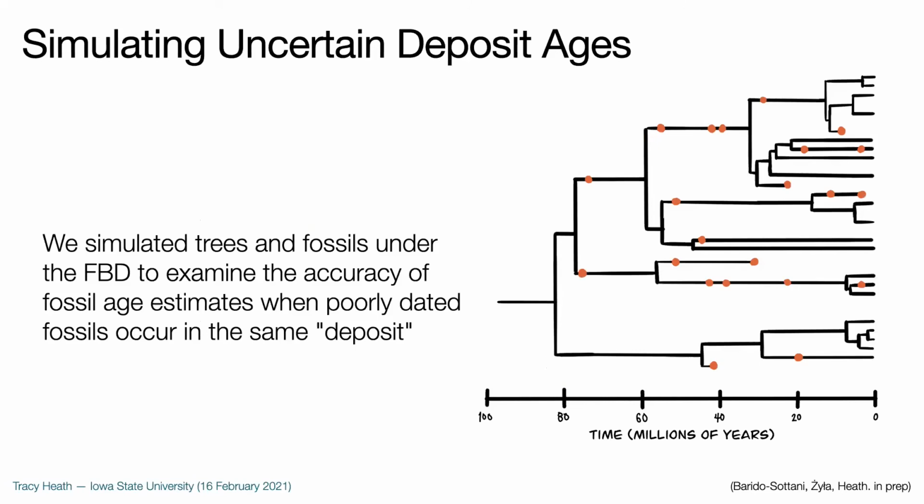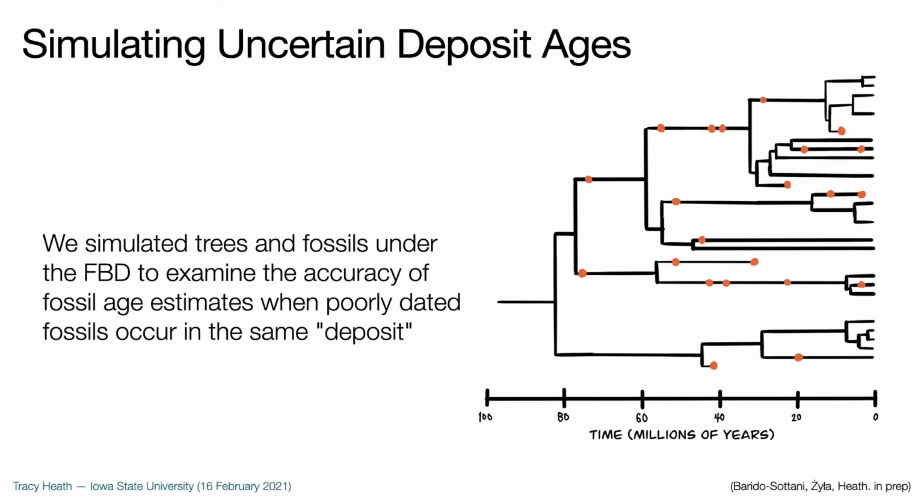To do this, we're working on a simulation study where we simulated trees and fossils under the fossilized birth-death process to determine the accuracy of our age estimates within a hypothetical poorly dated deposit.